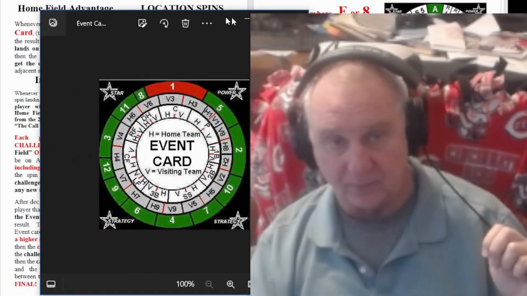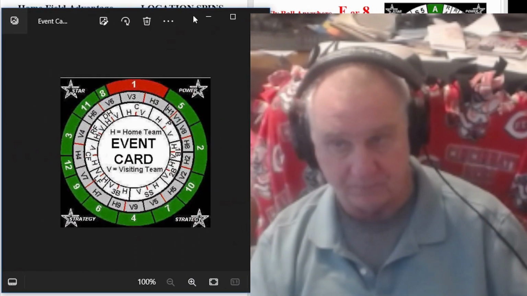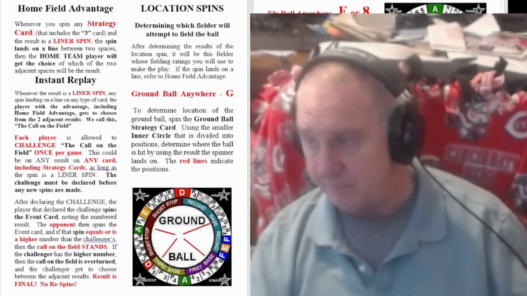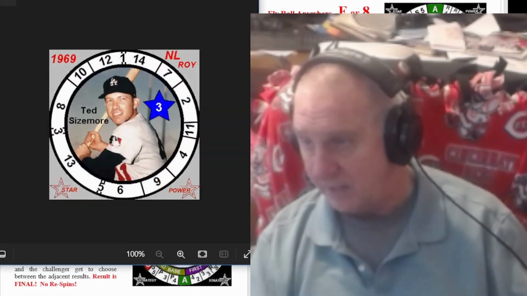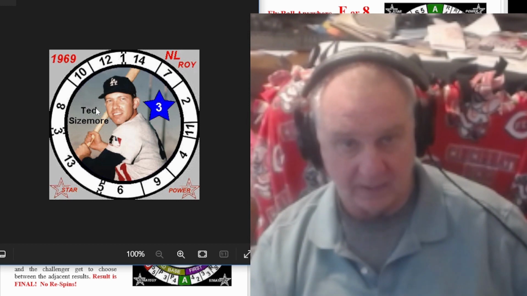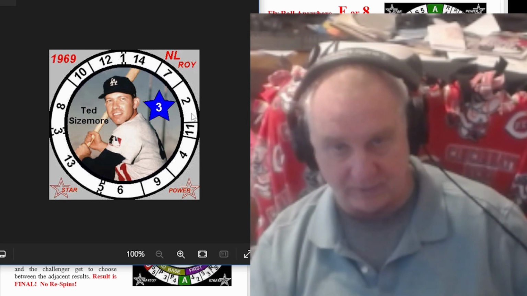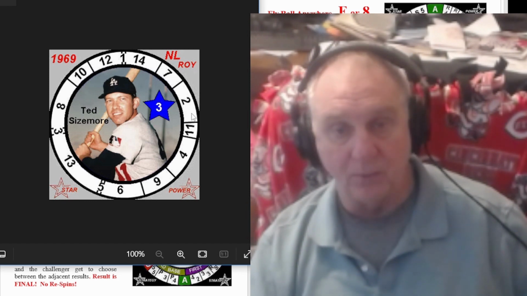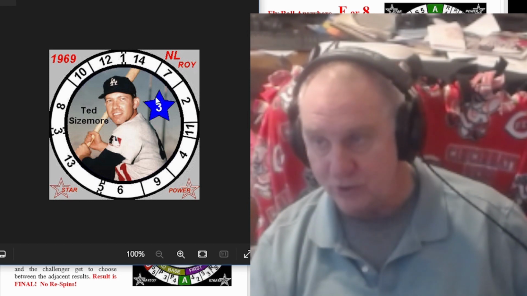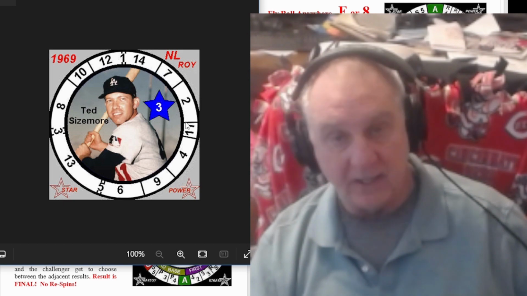I'm going to put it right over here, the event card. Anytime that you have a liner spin, and let's just suppose that the liner spin is between the 2 and the 11, and we have a righty versus lefty, so Sizemore chooses the line to be an 11.